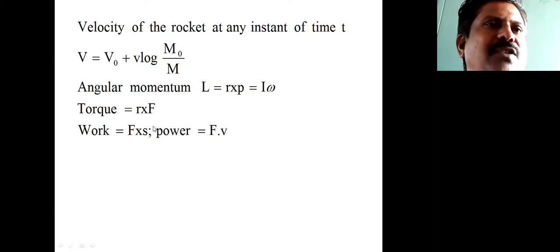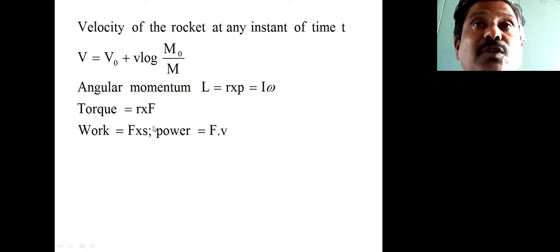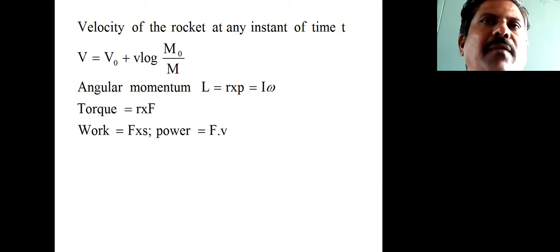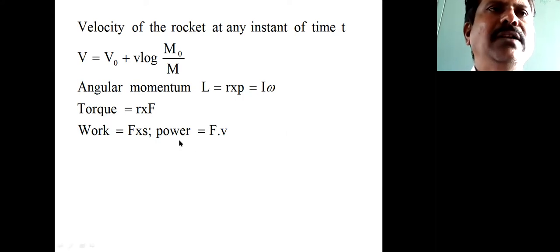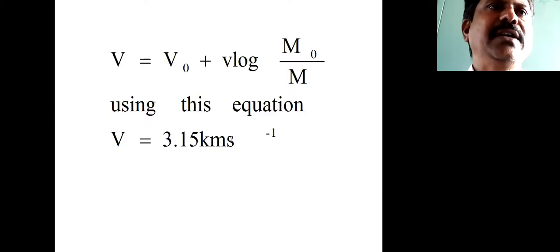That's power equals W divided by t, the rate of doing work is nothing but power, or you can write power equals F dot v. Okay.